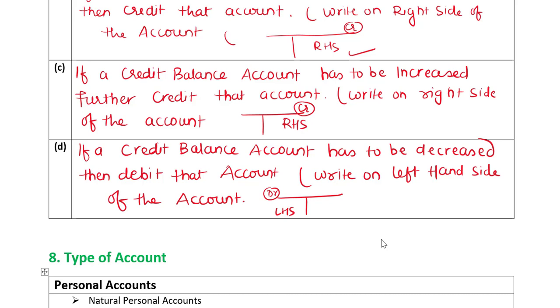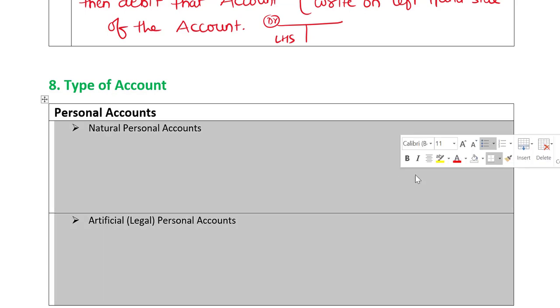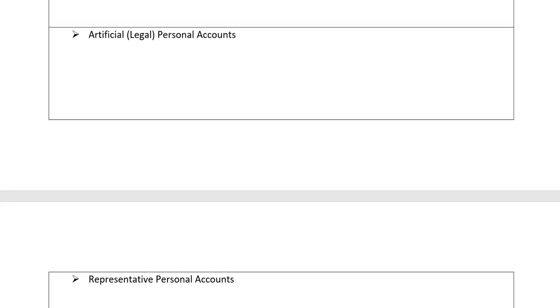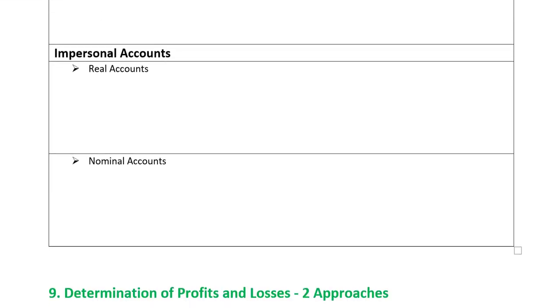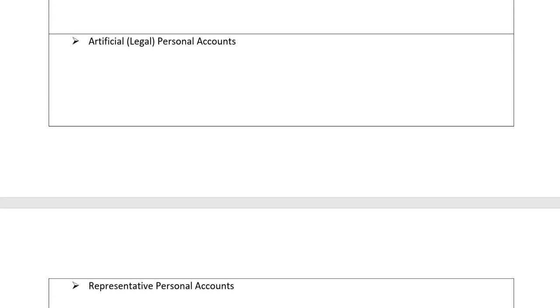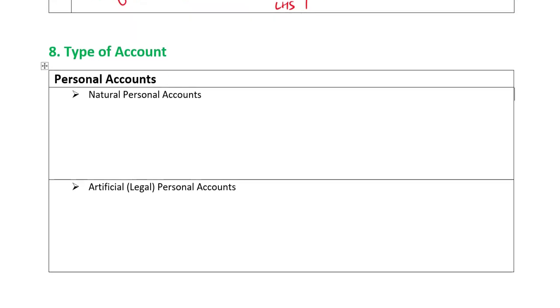Let's move to the next topic, and that is types of accounts. So basically the accounts are bifurcated into two types: personal account and impersonal account. Further, the impersonal accounts are bifurcated into two parts: real accounts and nominal accounts.